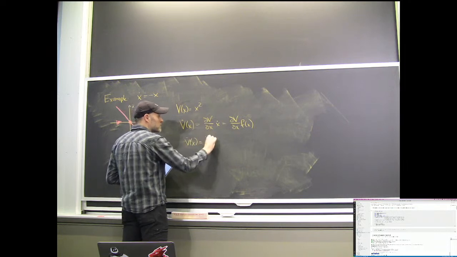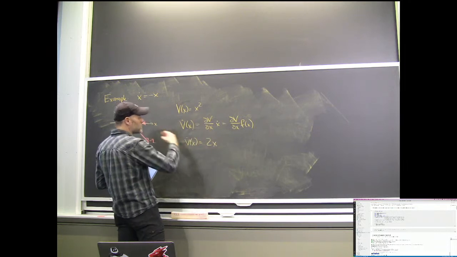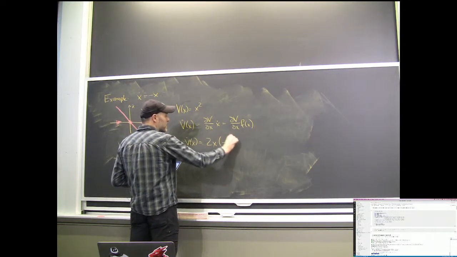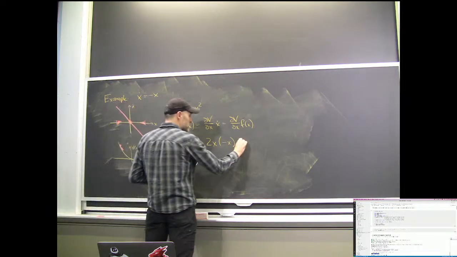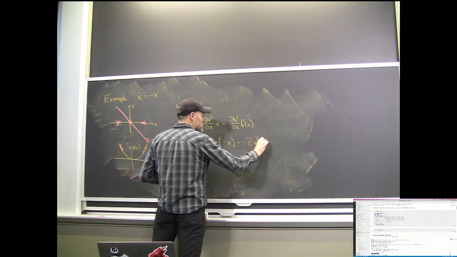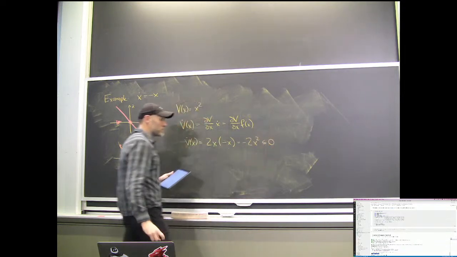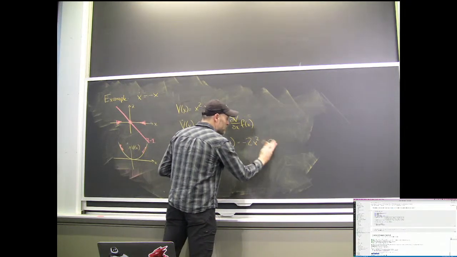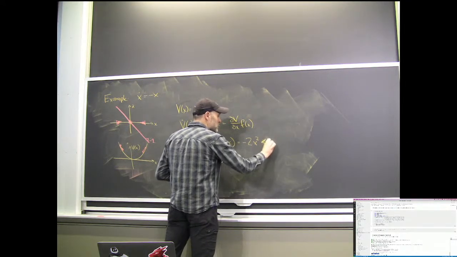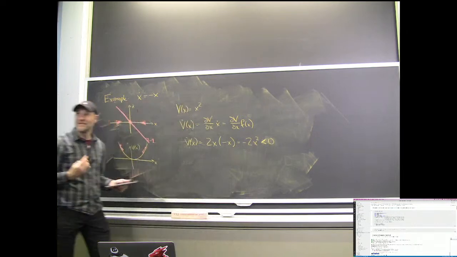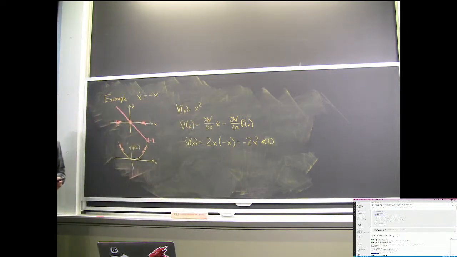It's just 2x times my dynamics, which is negative x, right? Negative 2x squared, which is, in fact, I can even write using my positive definite function notation, a negative definite function.